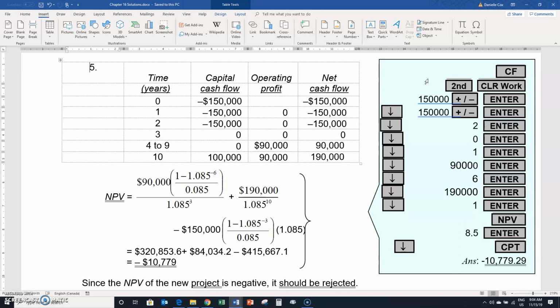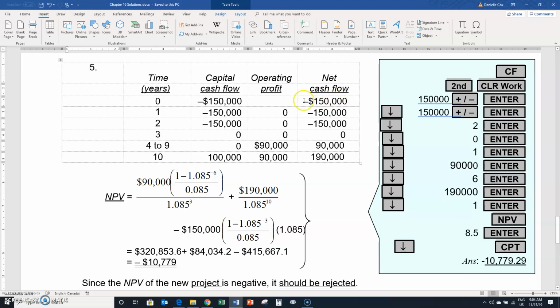It's your first flow from year 1. So now we've already entered the first 150 here. Now we have to do the next. We can enter the next 2 as one transaction, we'll say. So 150,000 negative, enter, down, and then when we get to FO1, now we can enter 2 because that happens for 2 more years. So 2, enter, and then down.